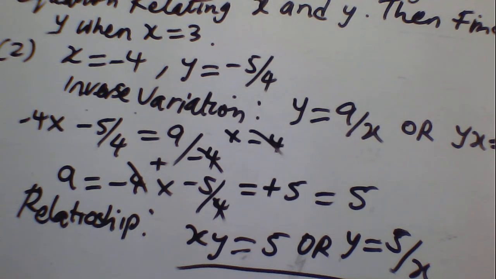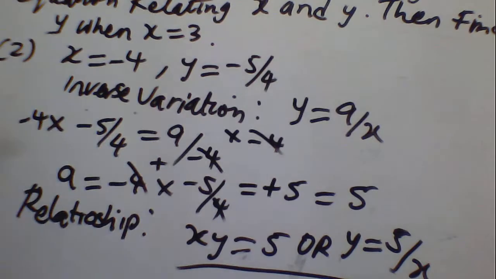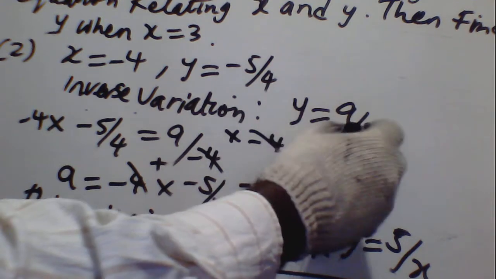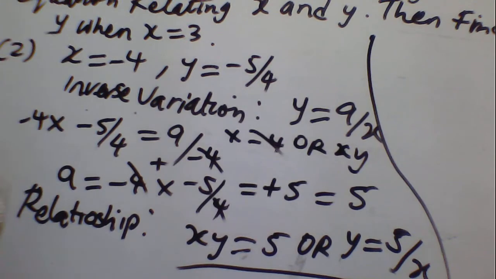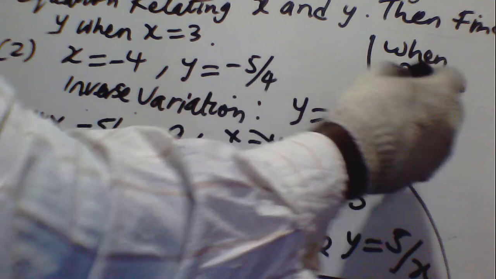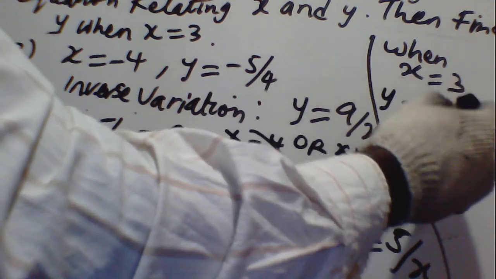So do you have any question? Having gotten that, the next step is to do what? The next is to find the value of y. To find the value of y when x is given as 3, from this relationship we have y is equals to 5 over what? 3.